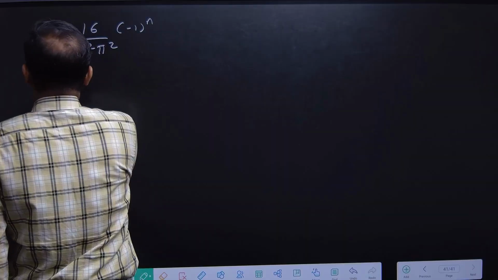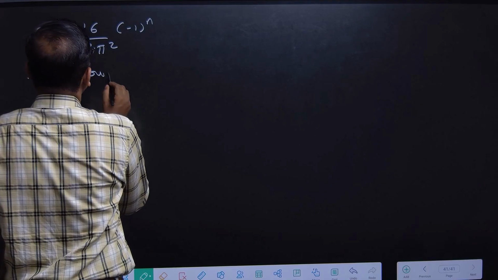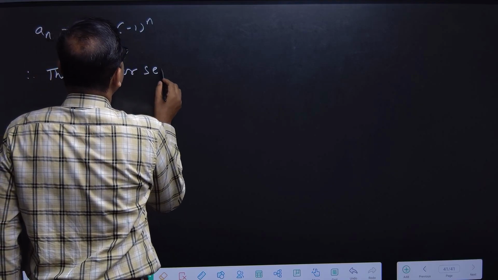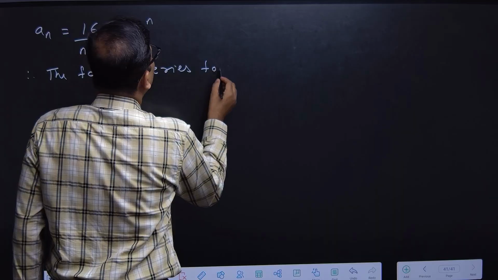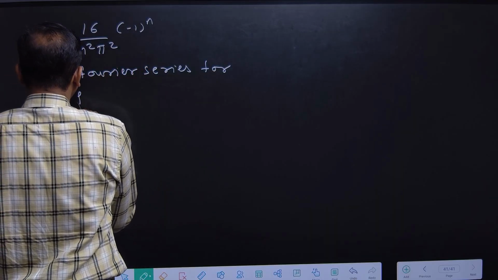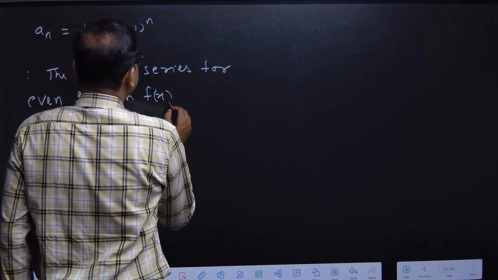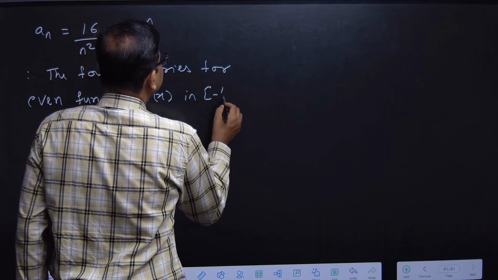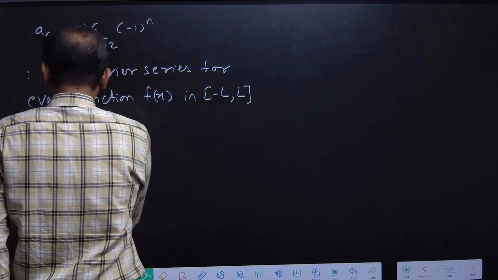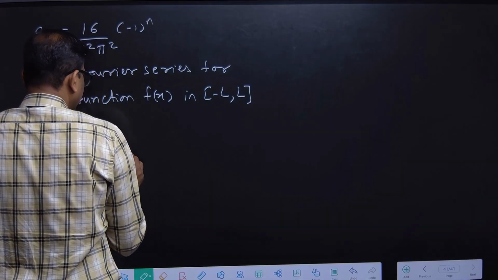So now therefore the Fourier series for even function, for even function f of x in the interval minus L to plus L, we know is given by the formula f of x is a0 upon 2.